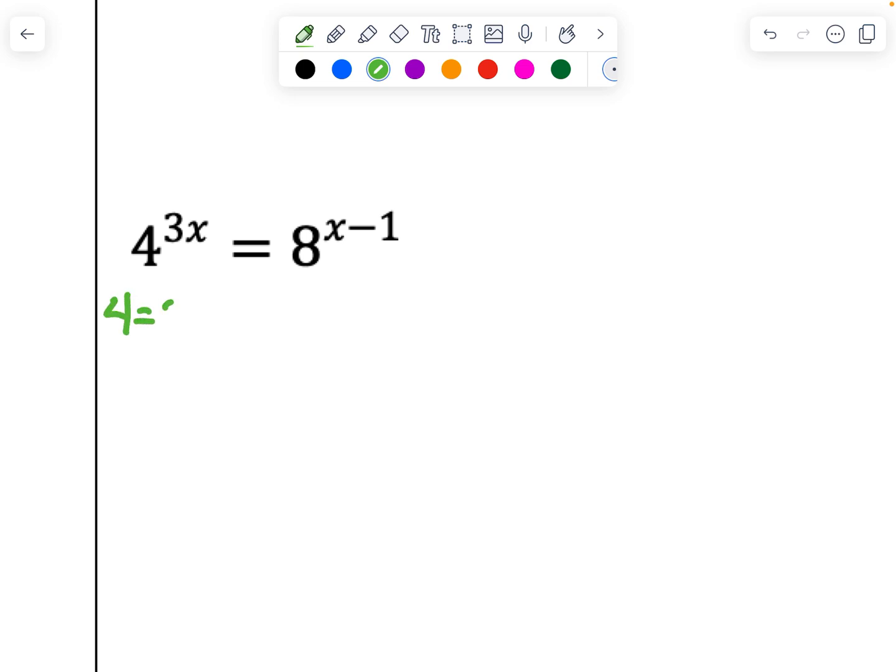Four is equal to 2 squared. 8 is equal to 2 to the third power.